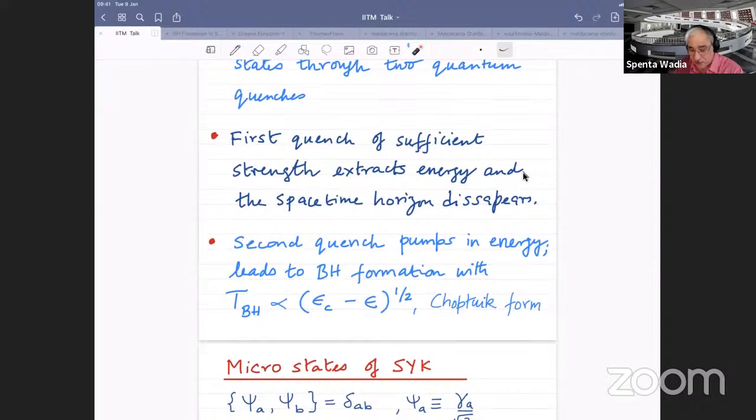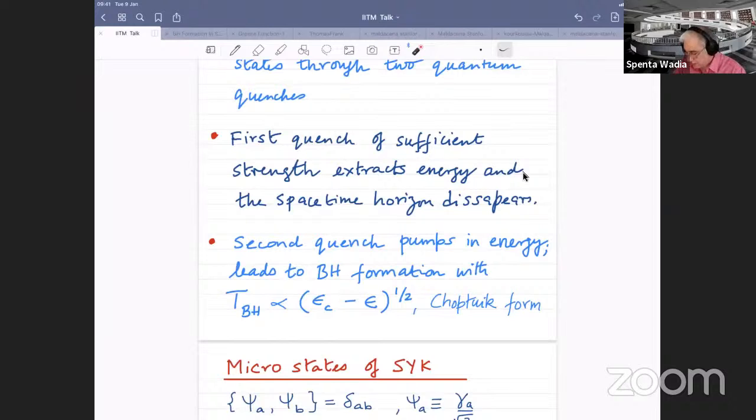It's a result of Kourkoulou and Maldacena. It does not violate the second law of thermodynamics because you're extracting energy, or pumping in negative energy. And the second quantum quench pumps in energy that leads to black hole formation. And what we can calculate explicitly is the temperature of this asymptotic black hole state. And it has this very interesting form with this exponent half. Okay, so this is the result.